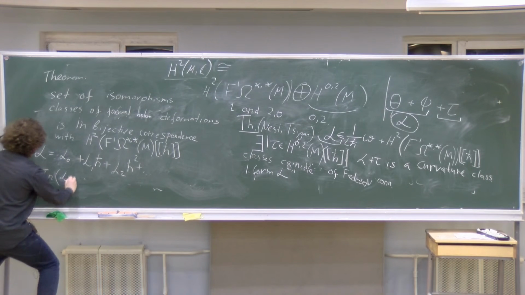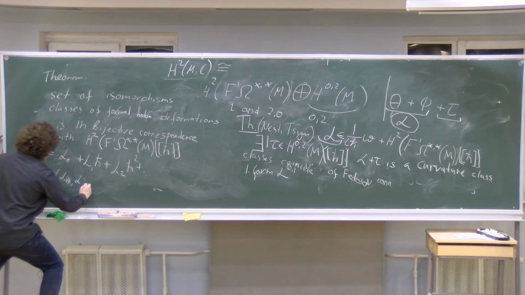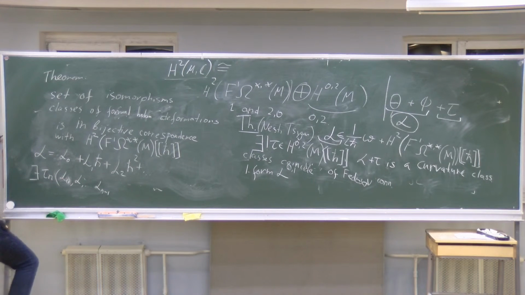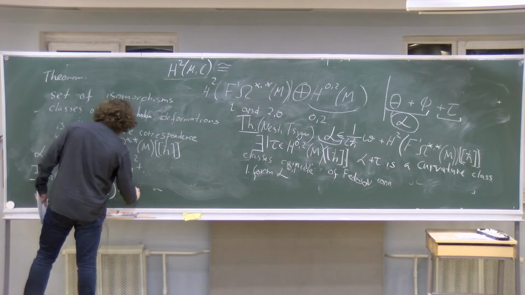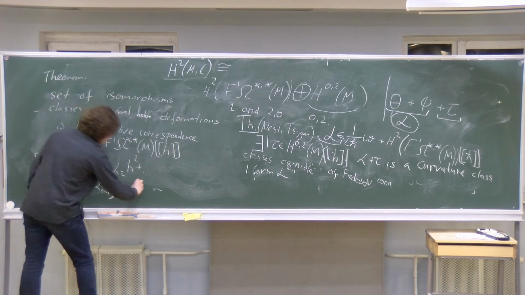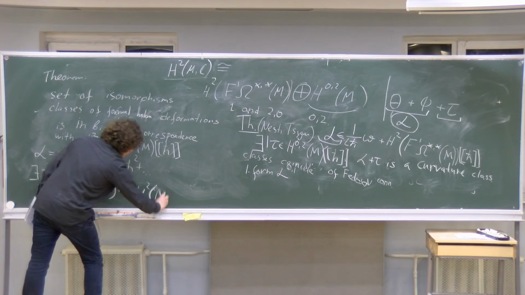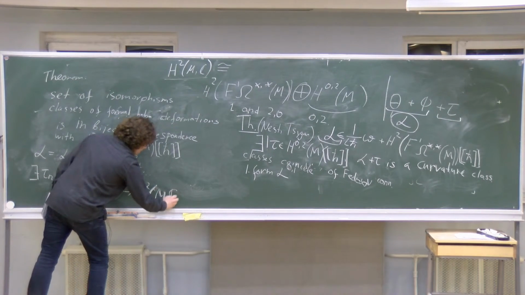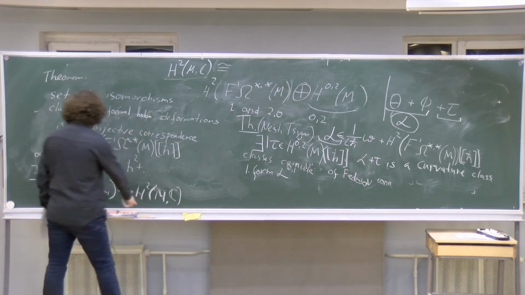We have maps which take the n minus 1 previous alphas and send them into the second cohomology group here.